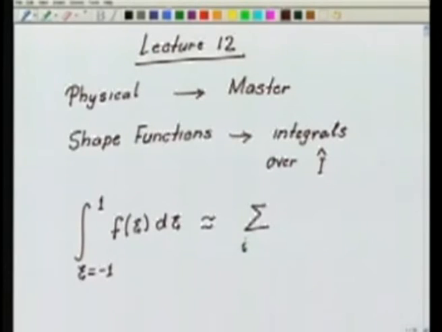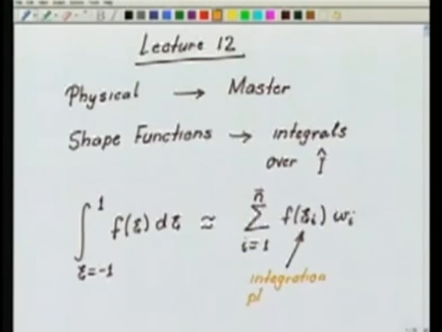So a sum over some points 1 to n bar, let's say, of the function f at the point psi i times so-called weights wi. These points psi i are called integration points, and wi is the corresponding weight.